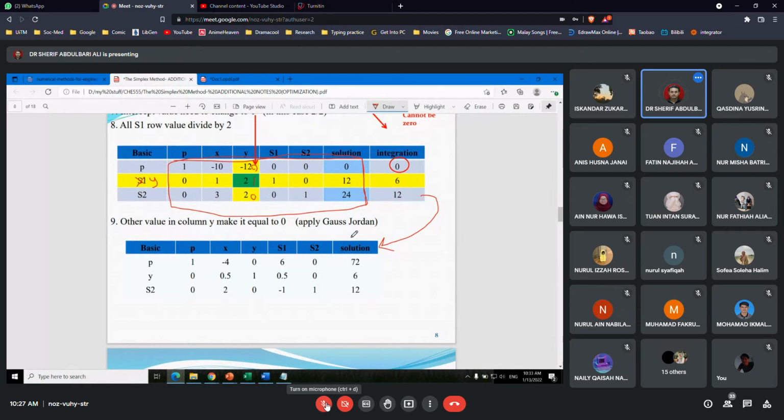Okay. In our case in here, how are you going to know that you already achieved the answer or not? You need to look at the first row. So if there is no negative value or all the values are equal to 0, this means you already achieved the answer. If there is still a negative value, you need to repeat the same steps again.